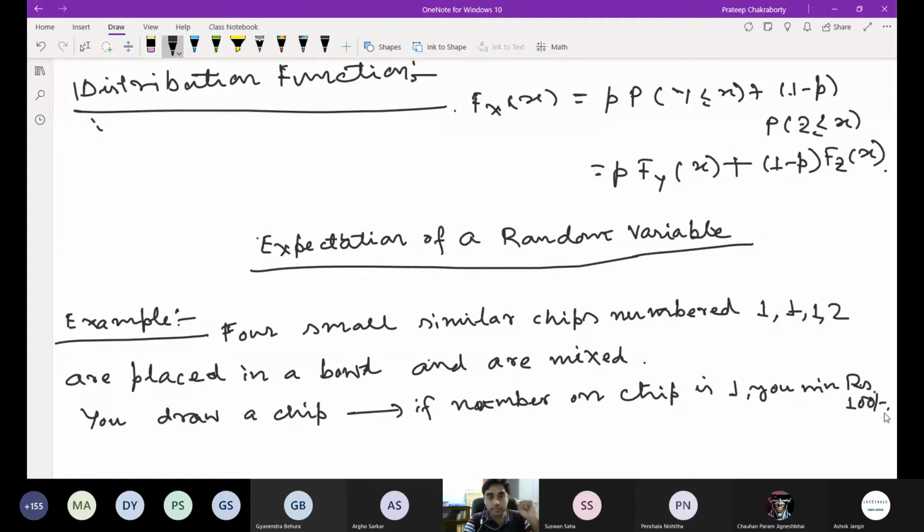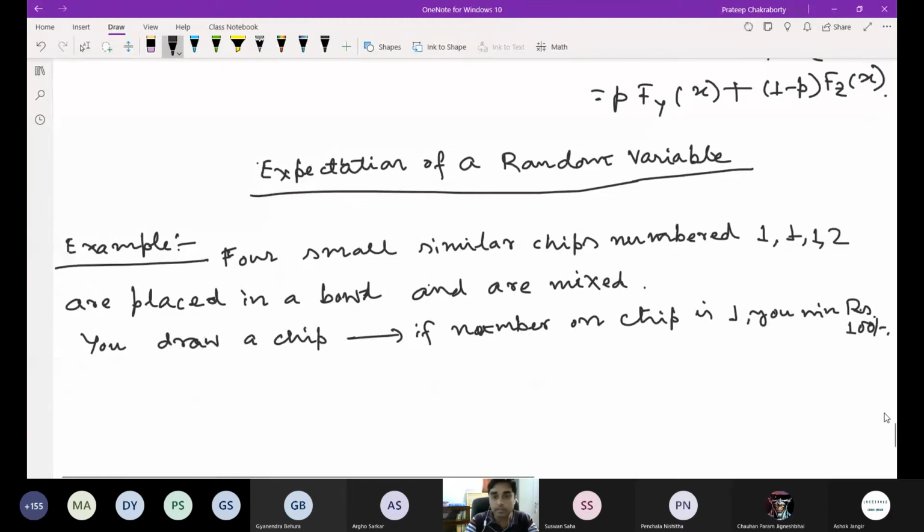If we draw a chip, that is the event, that is the outcome, and the random variable you are attaching to that outcome is 100 rupees. And if the number on the chip is 2, you win 200 rupees.